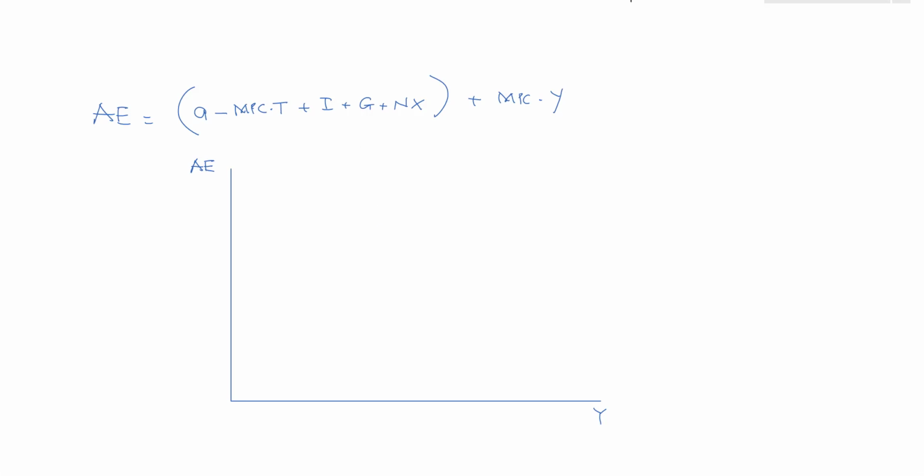Nothing different here basically, you just pick a point. This is the point where that AE line is going to touch the y-axis here. So that's going to be A minus MPC T plus I plus G plus NX.